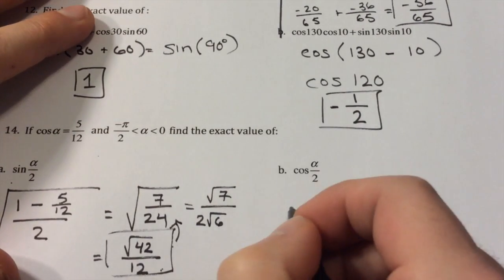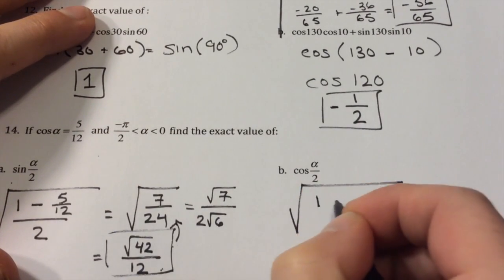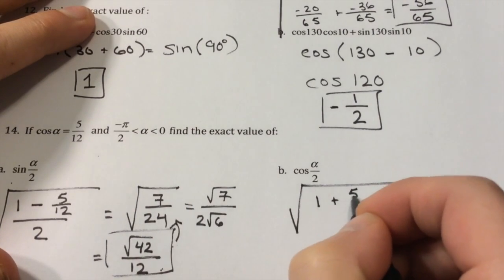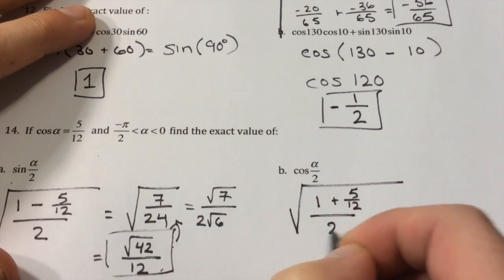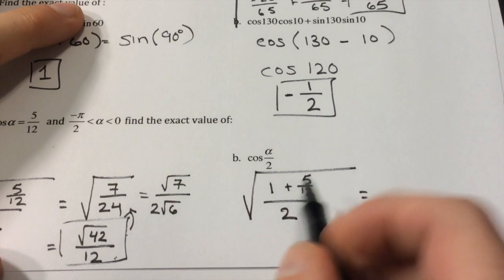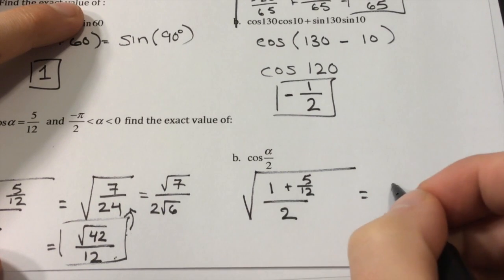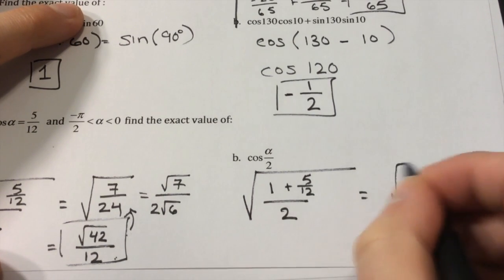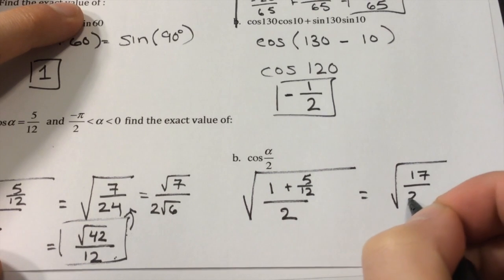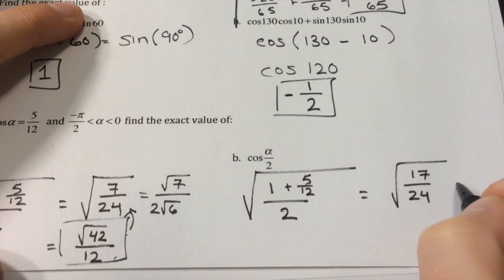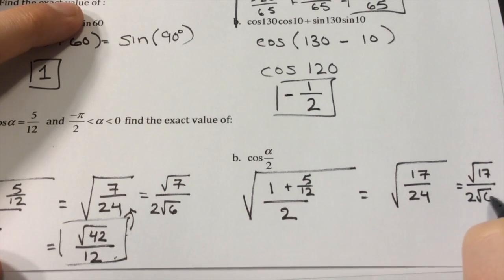So I go with cosine. Cosine is 1 plus 5/12, over 2. 12 plus 5 is 17. So this is the square root of 17 over 24. So again, this is the square root of 17 over 2 root 6.